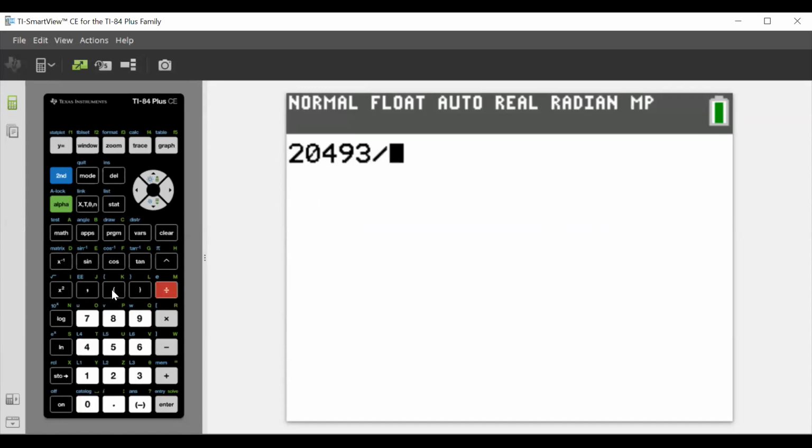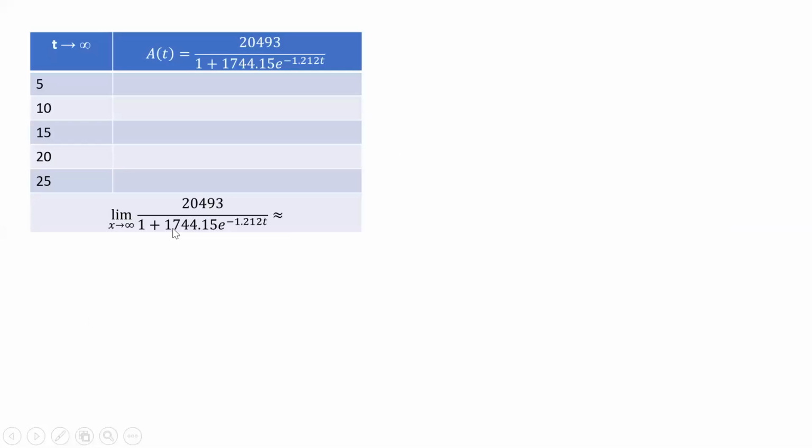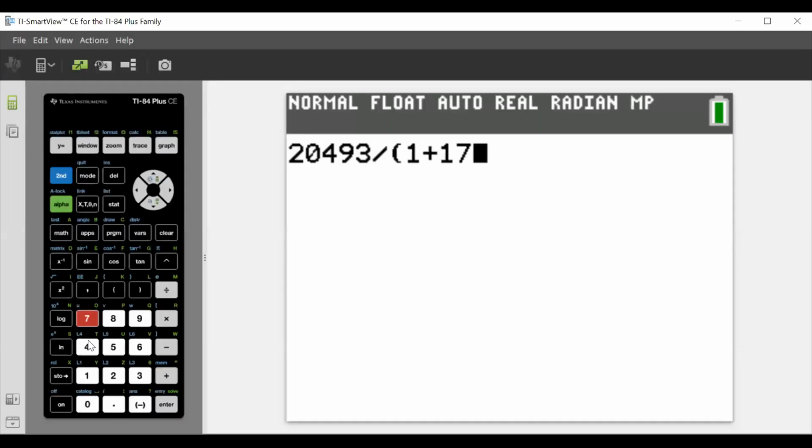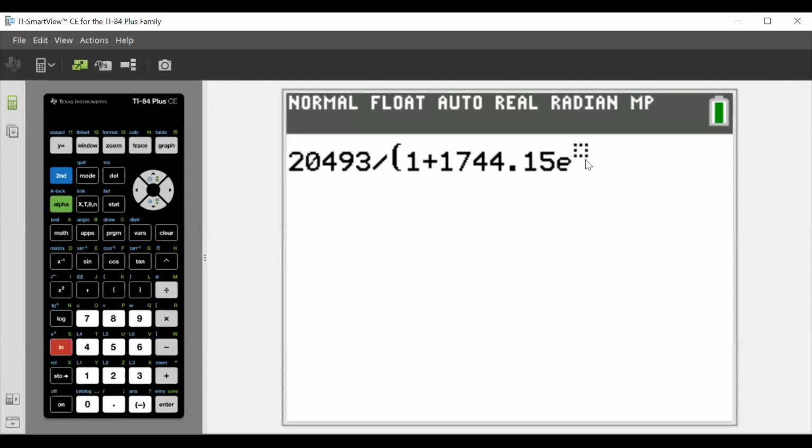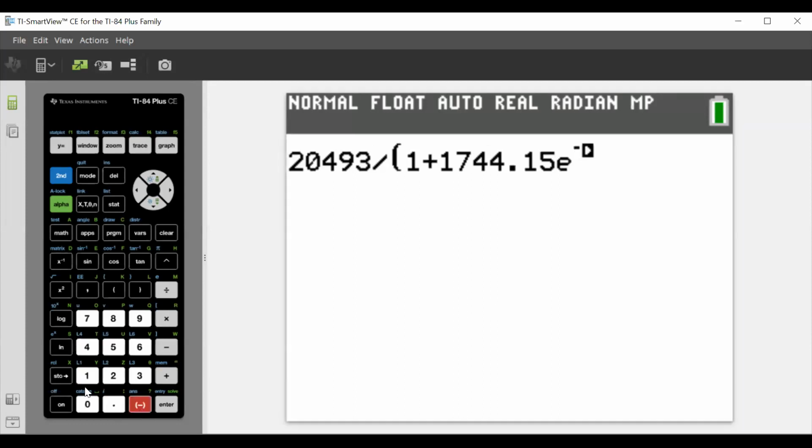So what we have is 20,493 divided by, and that's going to be on the bottom, 1 plus, I think I wrote this down wrong. I thought it was 17, but I better go back. Yeah, 1744.15, and then we have second ln to get our e, and that was to the negative 1.212 times, and we wanted a table of 5, 10, 15, 20, 25.